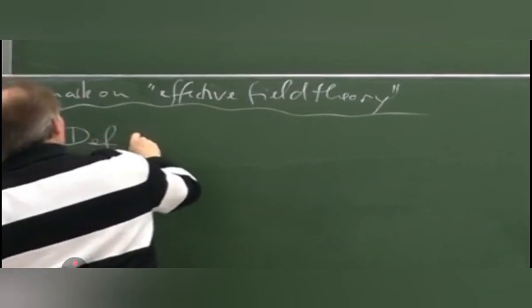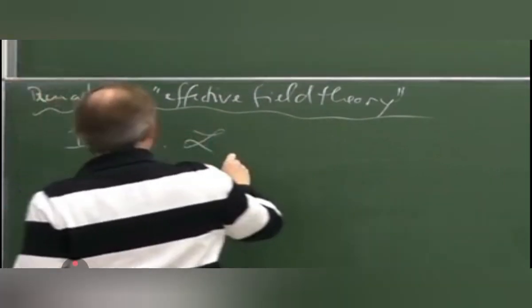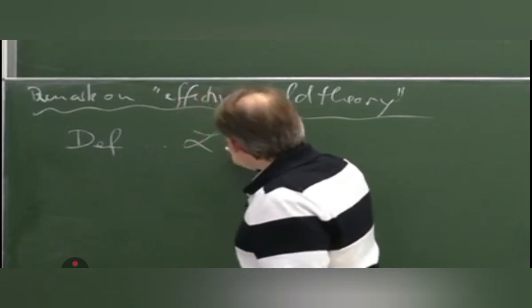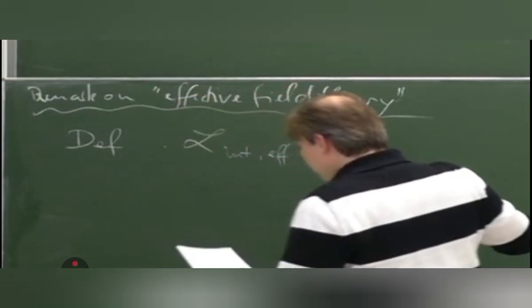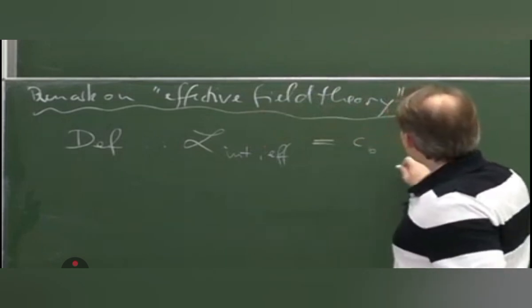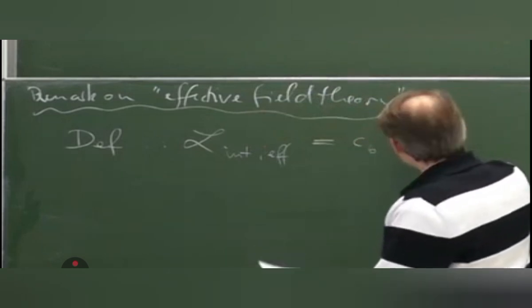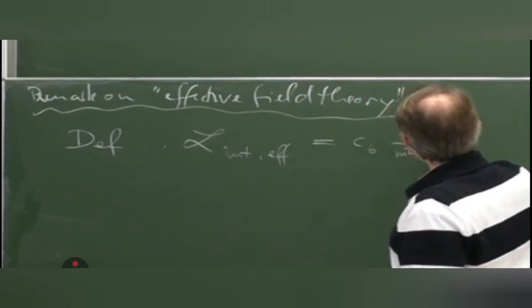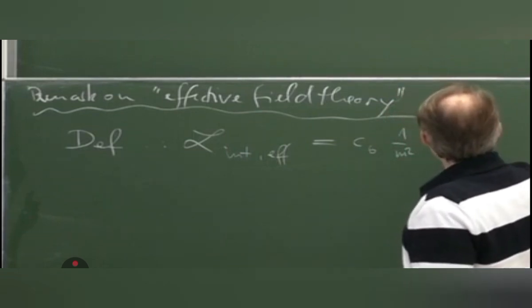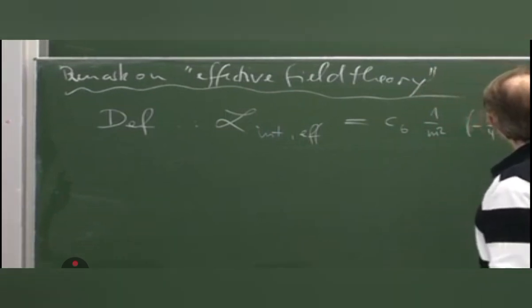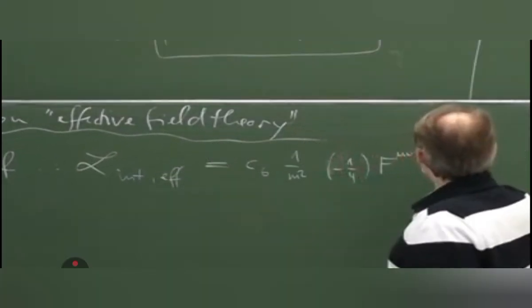And let me immediately drop from the sky the following Lagrangian. Let's say L interaction effective is equal to the following. Let's write here some coupling constant times the following, 1 over m square times minus 1 over 4 F mu nu D'Alembert F mu nu.